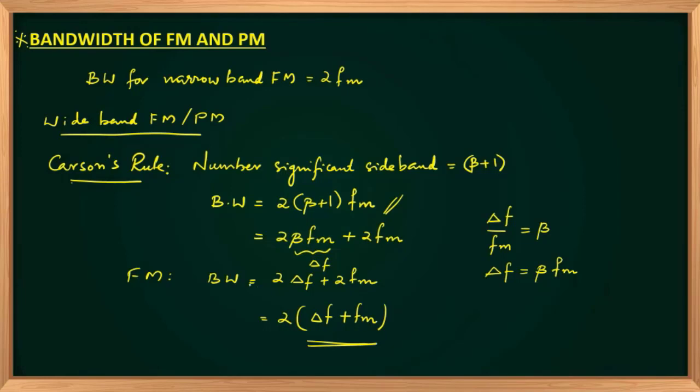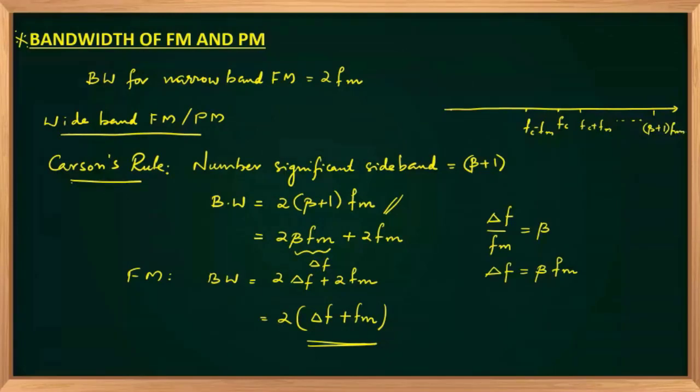Here we are considering a number of sidebands. The first sideband is FC plus FM. If we consider only one sideband, we have FC minus FM, and so on, up to beta plus 1 into FM.